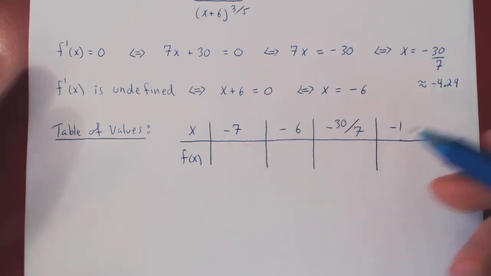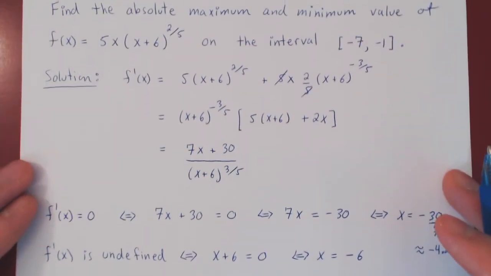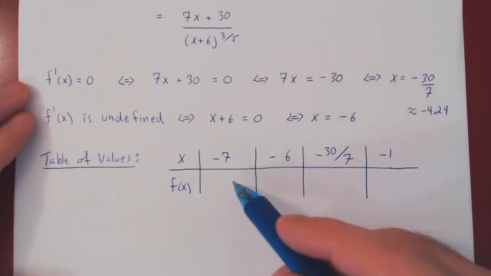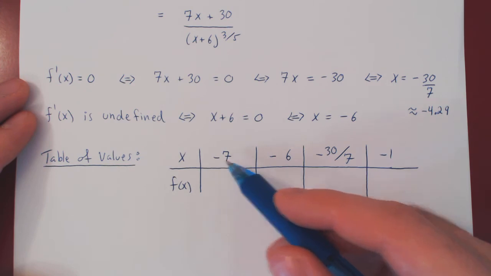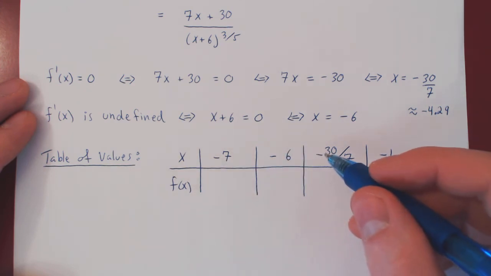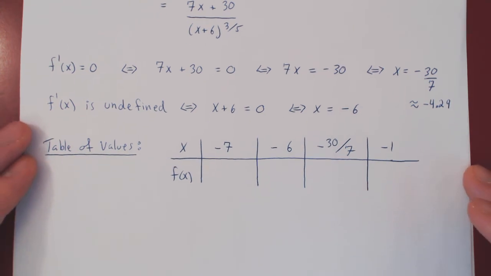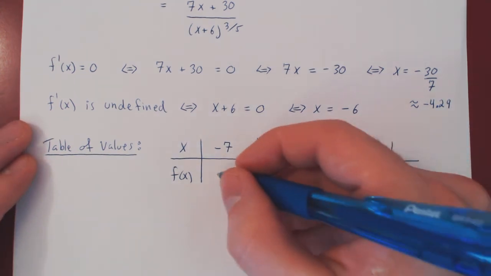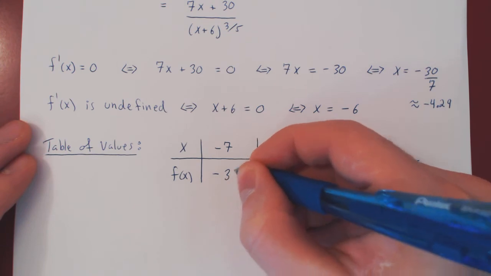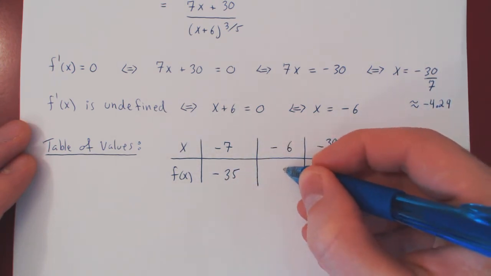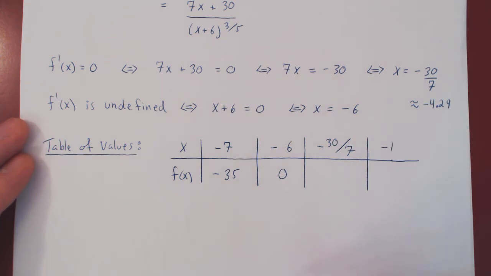All that remains now is to go back to the original function and plug in for x each value of interest. So evaluate f of negative 7, f of negative 6, f of negative 30 over 7, f of negative 1. Now f of negative 7, you can do this by hand, you'll find negative 35. F of negative 6 by hand again is obvious, you'll find 0.